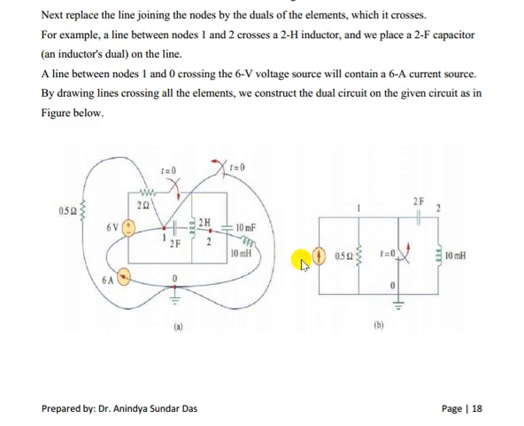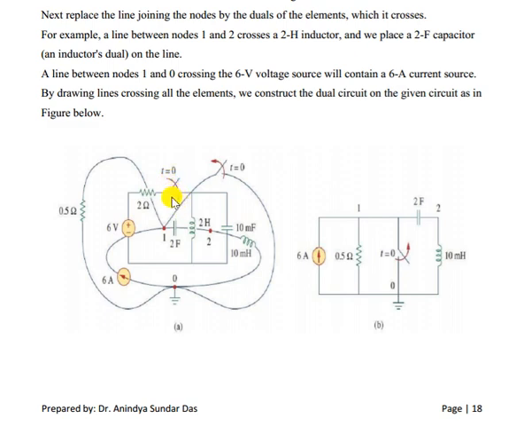One is the voltage source, its dual is a current source, same value. The dual of resistance is conductance, that is 1 by R. Now 1 by 2 is nothing but half, that is 0.5.